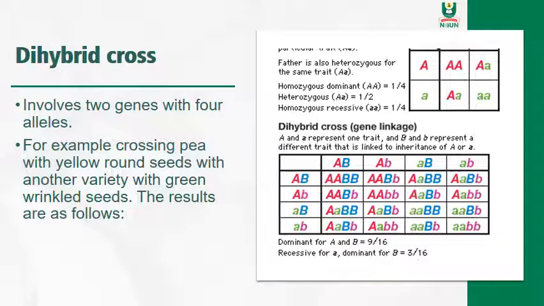And you have the other one, which is dominant recessive. If you count, this is 1, this is another one, and this is another one. So at the end of the day, you're going to get a dominant, which is 9 out of 16, and a recessive, which is 3 out of 16. So that is it about the dihybrid cross.